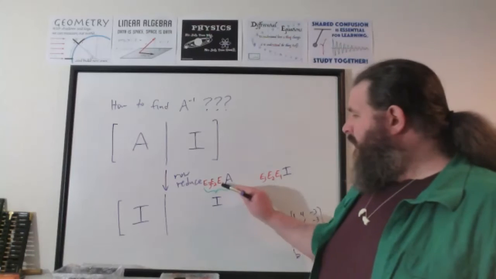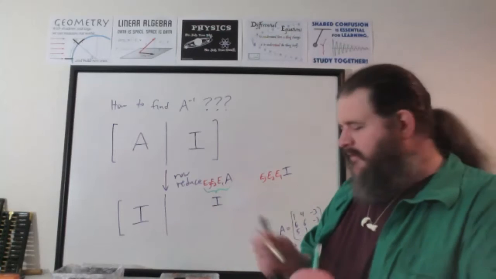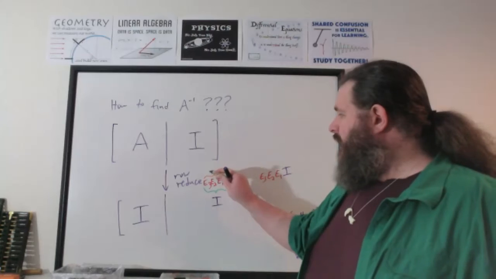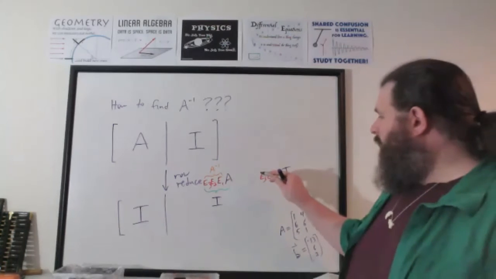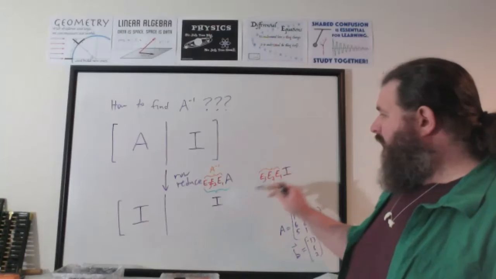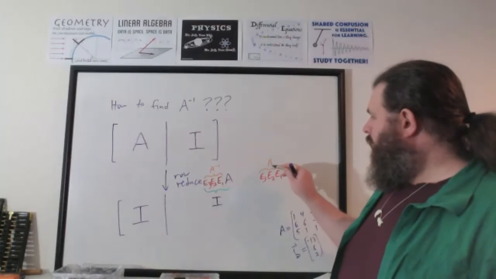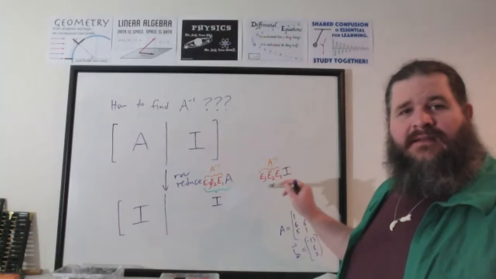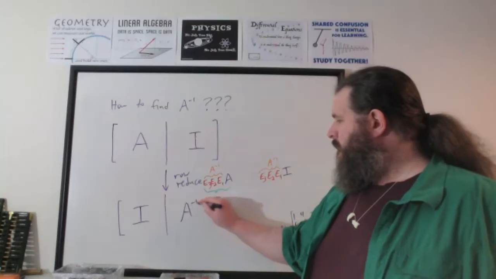So if we can find a bunch of operations that turn A into the identity matrix, those operations that we did together are the inverse of A. And if we do those same operations to the identity matrix on the other side of the augment bar, then the other side of the matrix is going to become A inverse times the identity matrix, which is just A inverse.